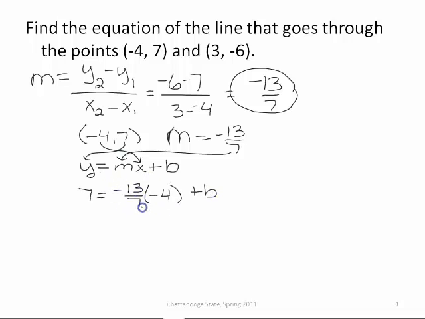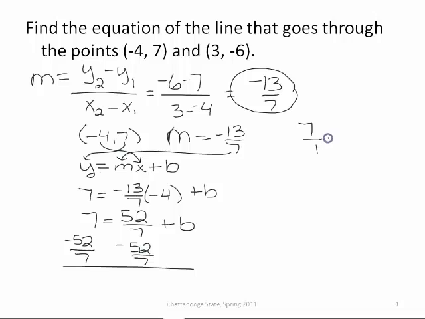I'll multiply these together, negative 13 over 7 times negative 4, the same multiplication I did on the other problem. This time it's going to be positive, so I'm going to have positive 52 over 7. What I need to know here is my b. So to find b, I need to subtract 52/7 from both sides.